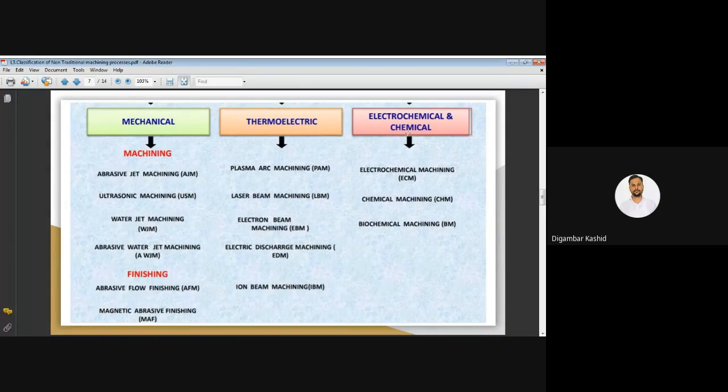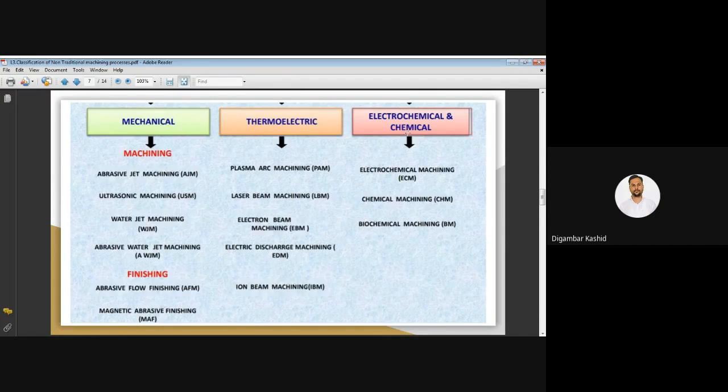In some cases, advanced machining processes cannot be fully replaced by conventional machining processes. That point we also need to take into consideration. So while selecting the process you are going to use, some factors you should take into account, from which you can select the best suited process.